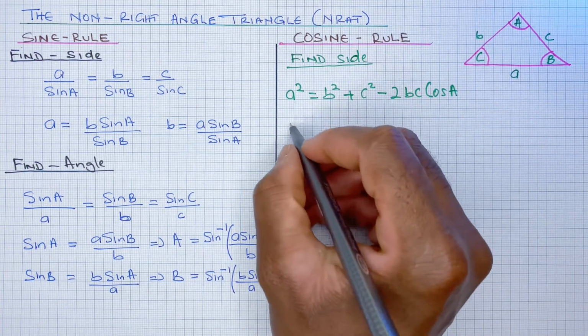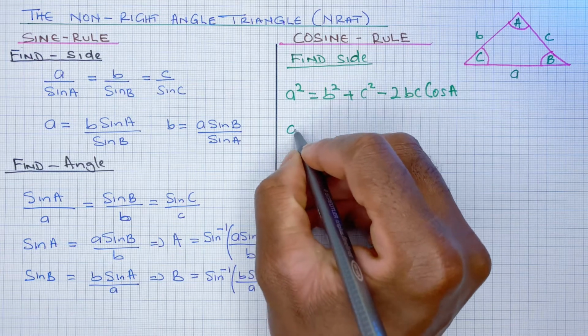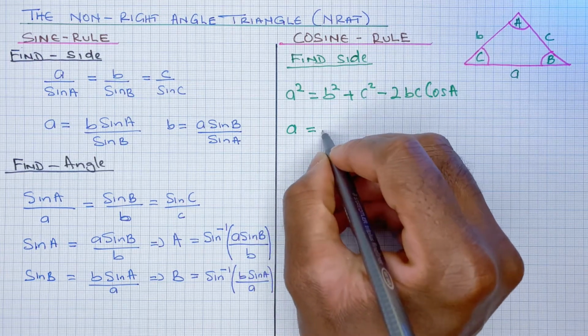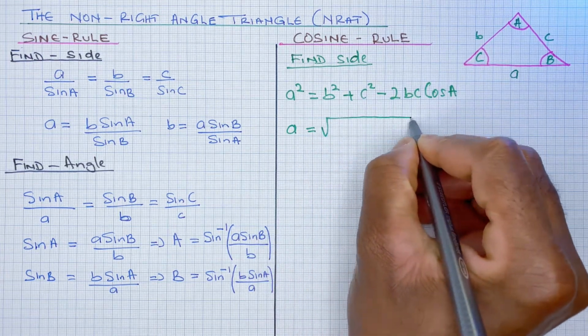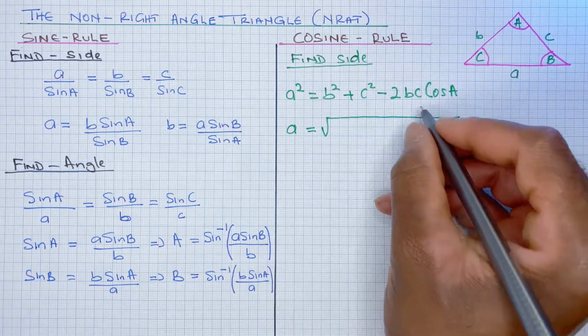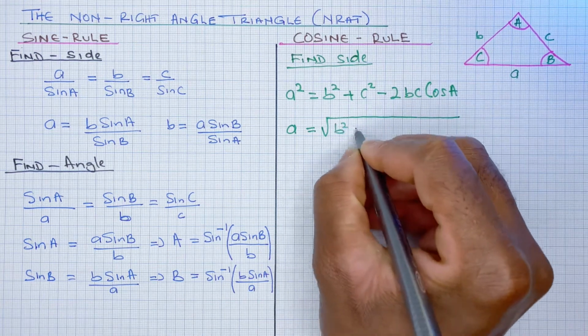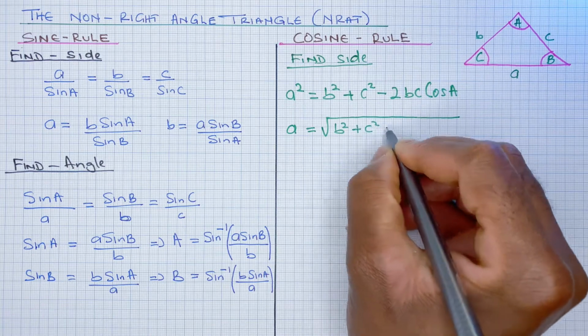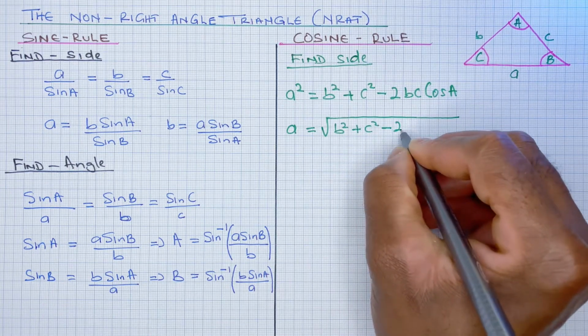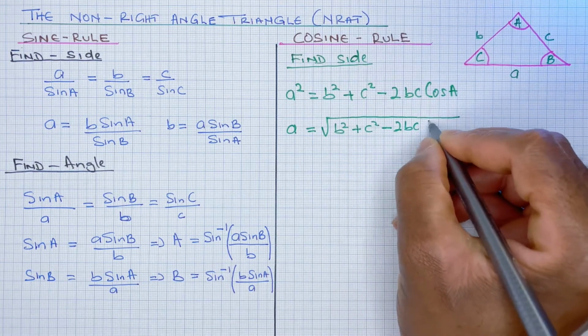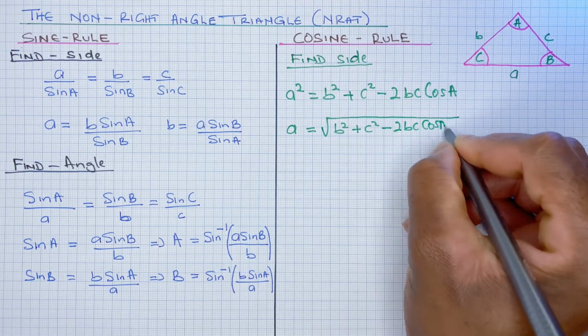And then you take the square root of this. So a equals the square root of b squared plus c squared minus 2bc cos A.